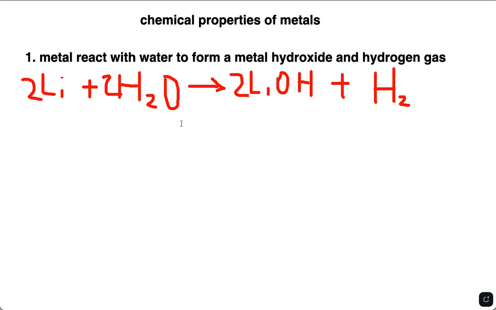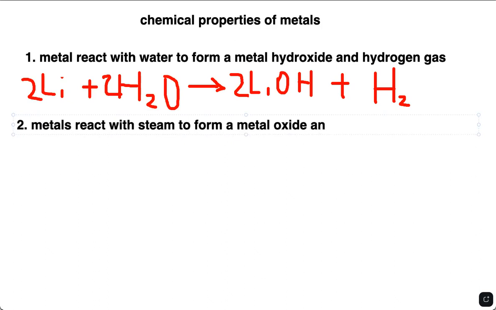Secondly, when metals react with hot water, metals do react with steam to form a metal oxide as well as hydrogen gas. That is a major difference between a reaction with cold water and a reaction with hot water.